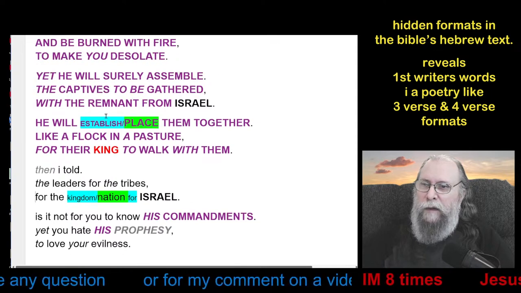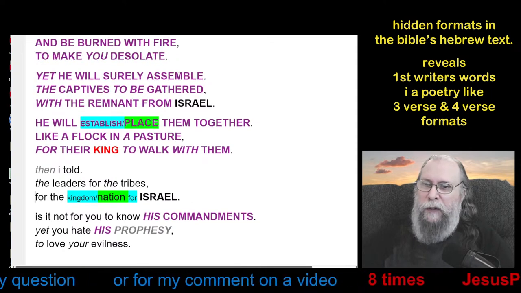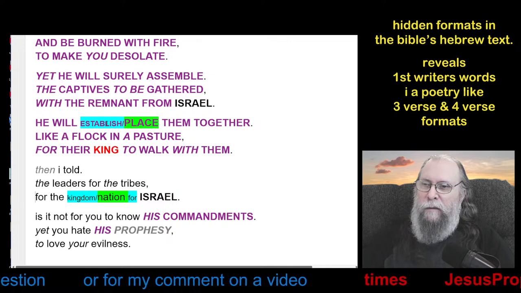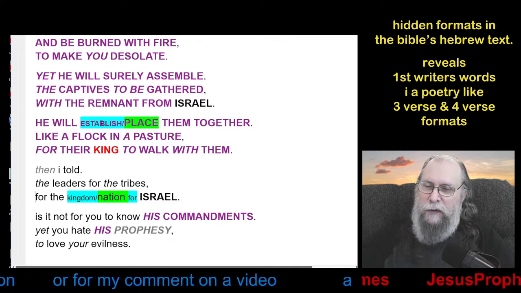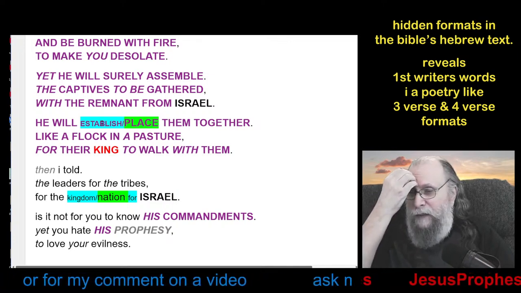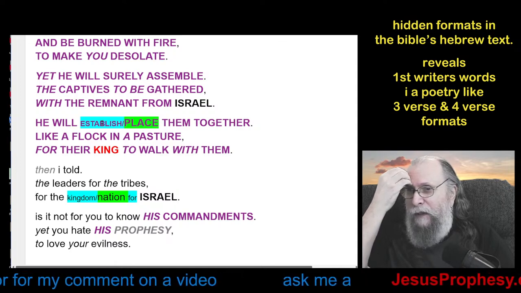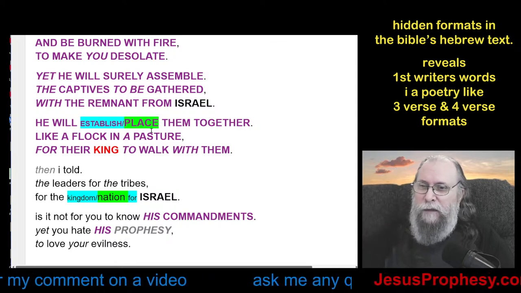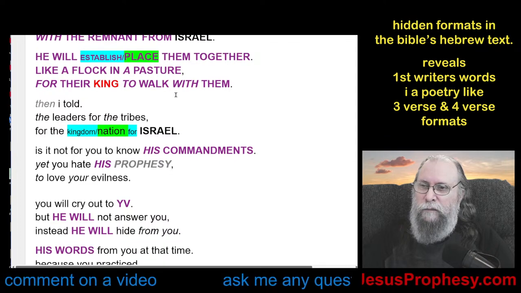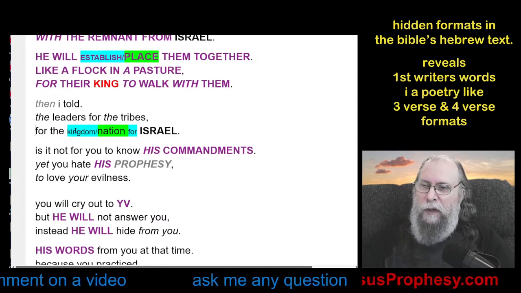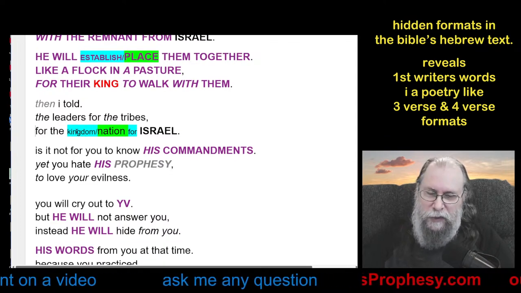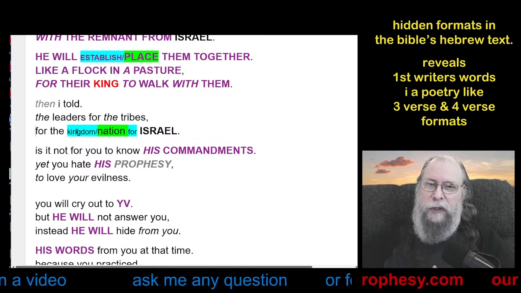Yeah, established to place them together. It was just that I used that word and then I realized that it's not working this time around. So, kingdom, the nation. All kingdoms are those outside the nation Israel.